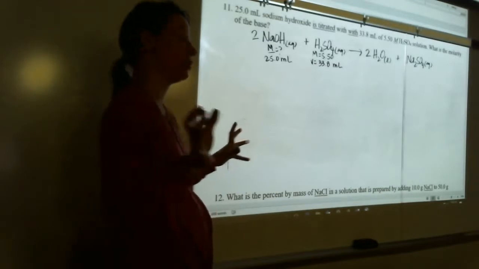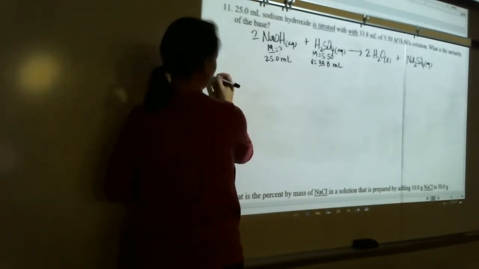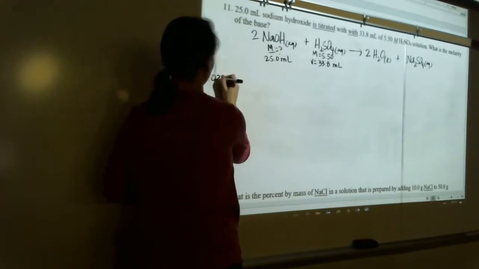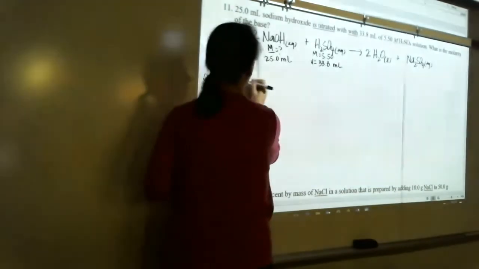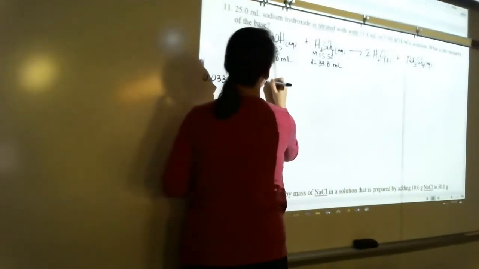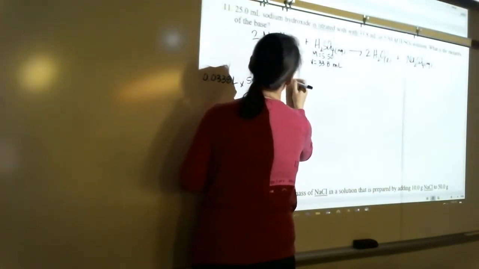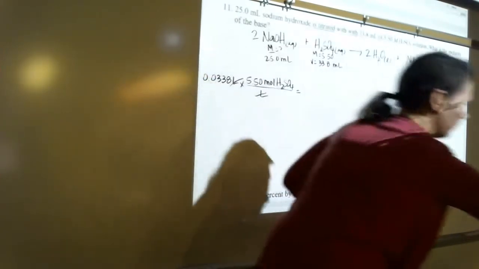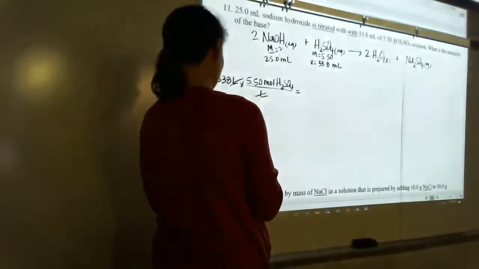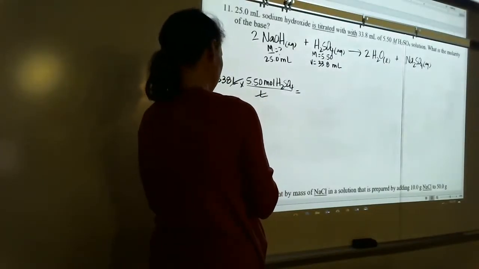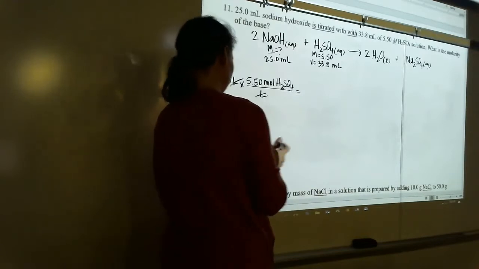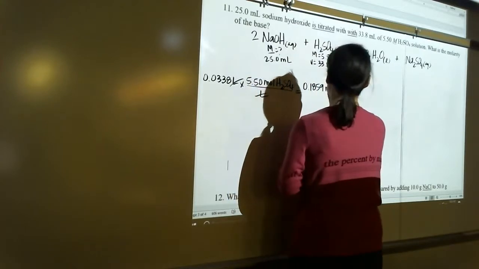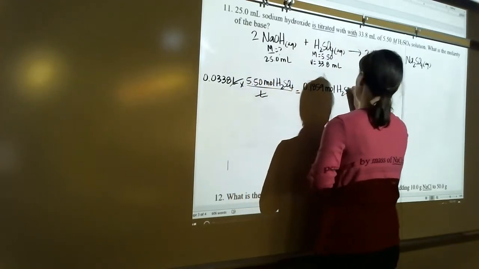It's the exact same procedure we did a few minutes ago. So we're going to take volume times molarity. 0.0338 liters times 5.50 moles per liter gives me 0.1859 moles H2SO4.